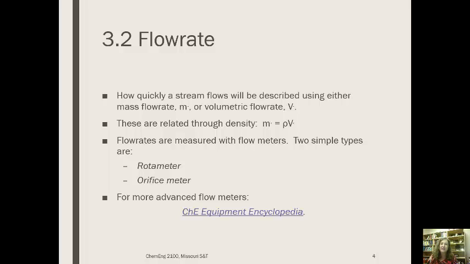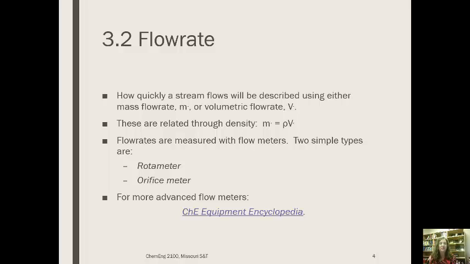So I will tend to put the little dot next to it, and I realize that that's very hard to read also. Now the mass flow rate and the volumetric flow rate are going to be related to each other through the density. So density is mass per unit volume, but it also would be mass flow rate divided by volumetric flow rate.